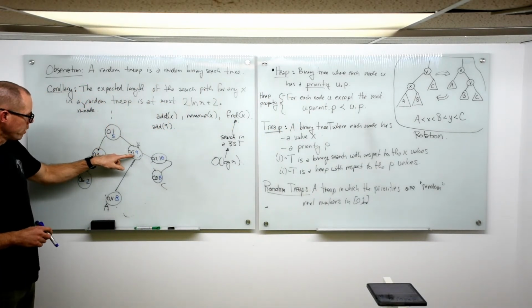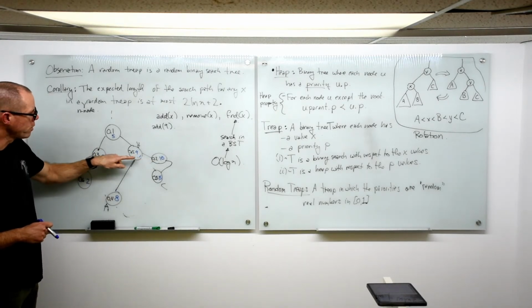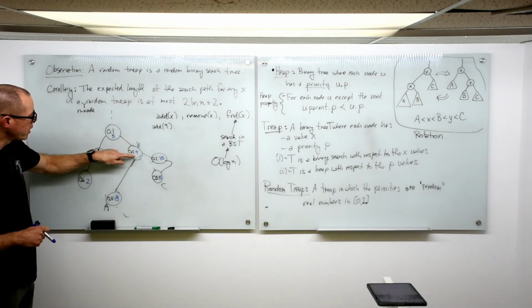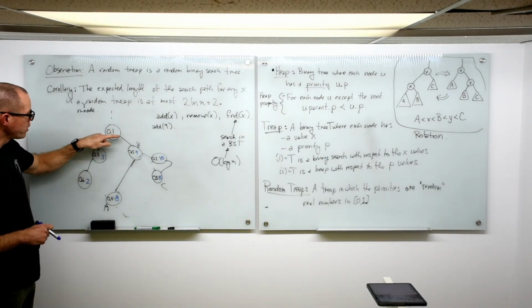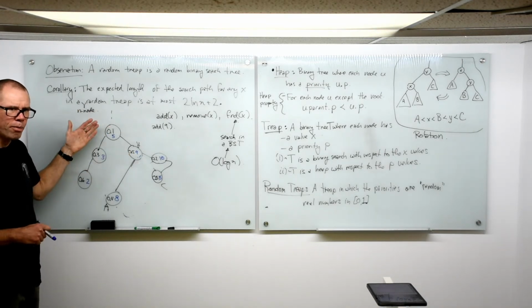If this thing is still smaller than the priority, so that fixes this. 0.15 is smaller than 0.2, so that's good. The only possible problem is between this newly added node and its parent, and if you need to, you do the rotation to swap it with its parent.